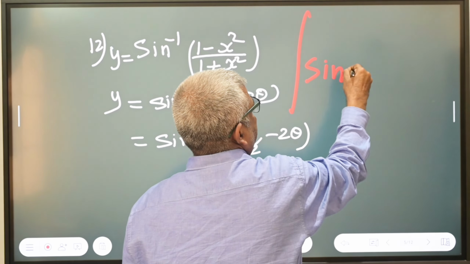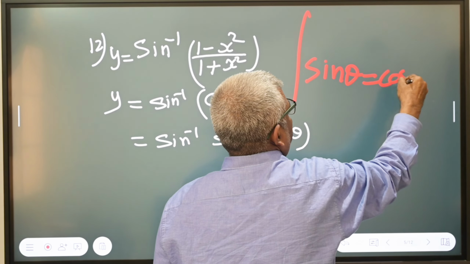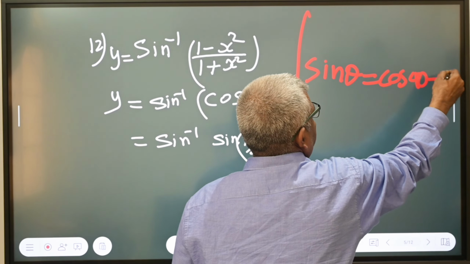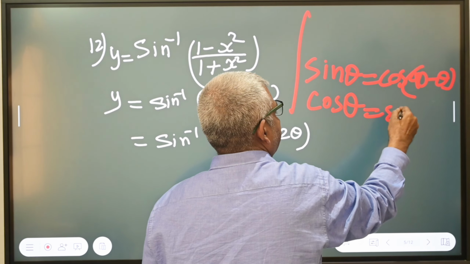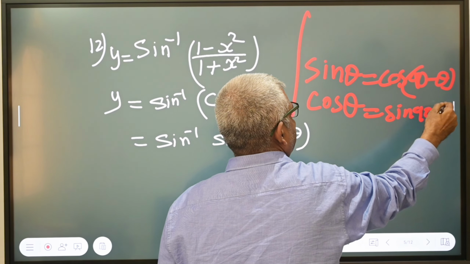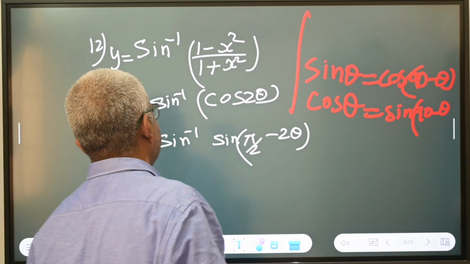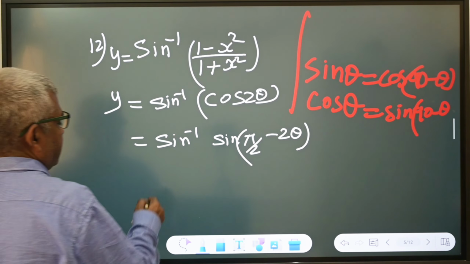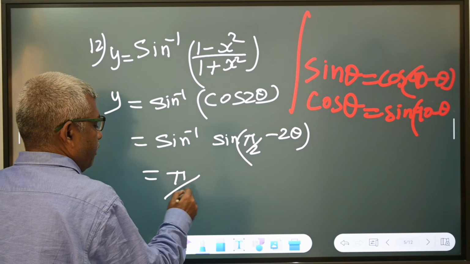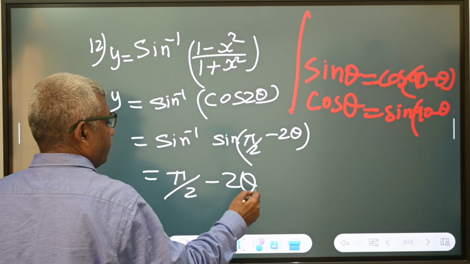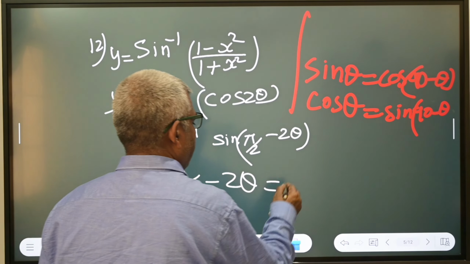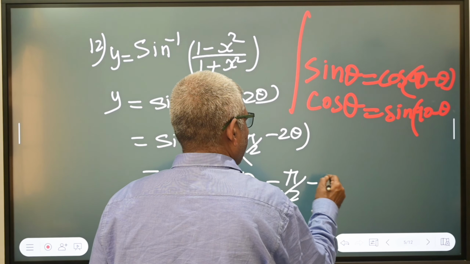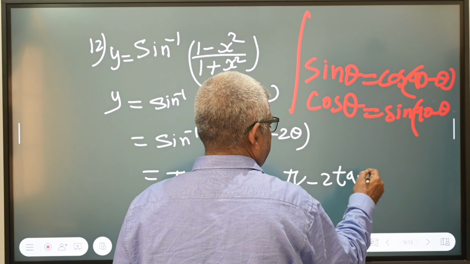So sine inverse of sine of pi by 2 minus 2 theta is pi by 2 minus 2 tan inverse x.